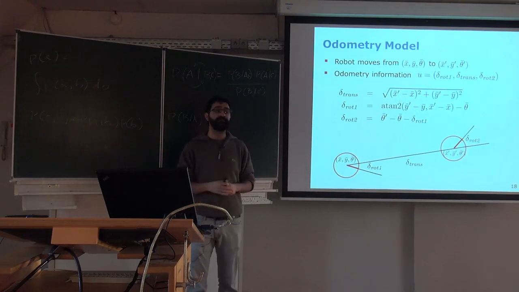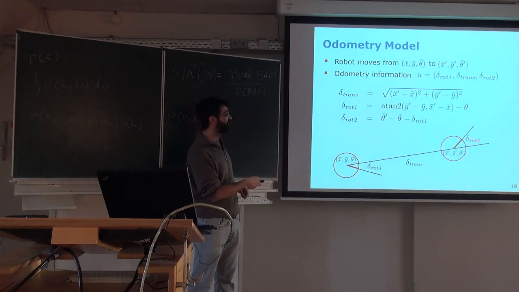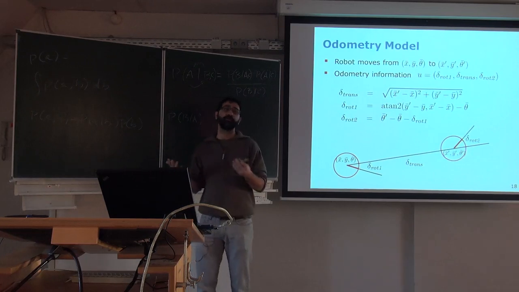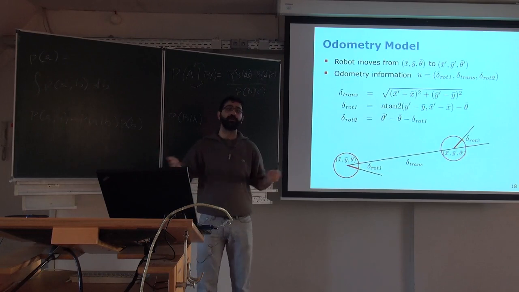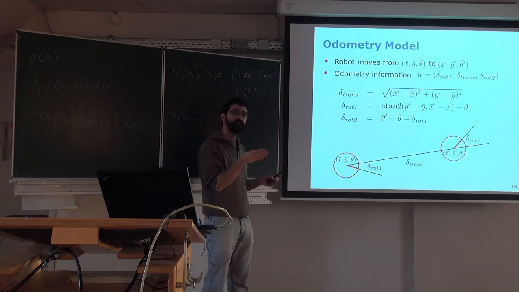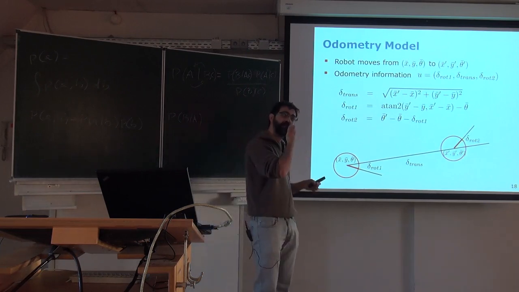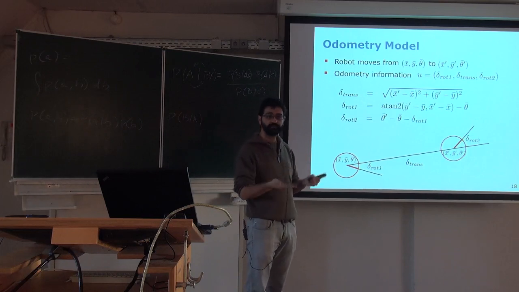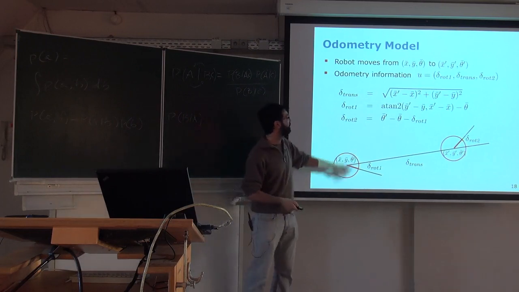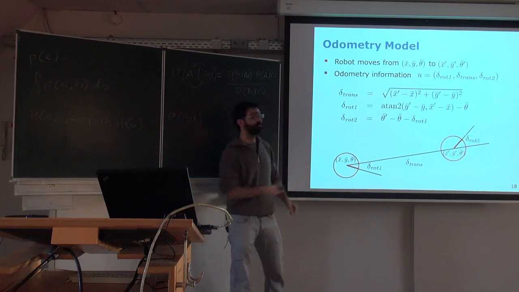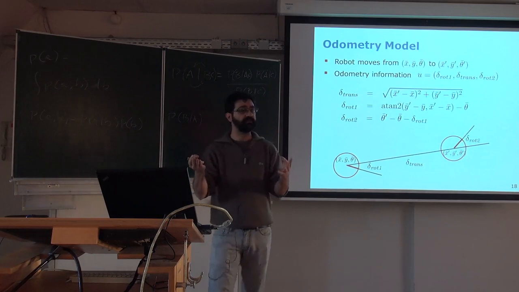And the fact that we need these different components is because every time the robot is doing one of these motions, it accumulates noise. So it does the first rotation, which is not perfect, then it does the motion along the line, which is also not perfect, and then it does a final rotation. And to account for this, we need to somehow decompose the motion into these parts. Okay, so that's the basic idea in there.